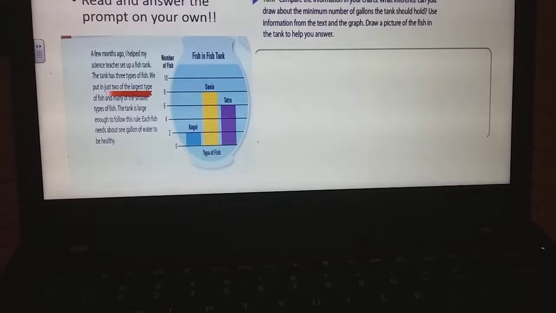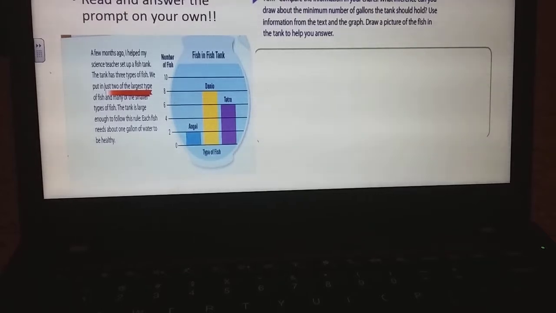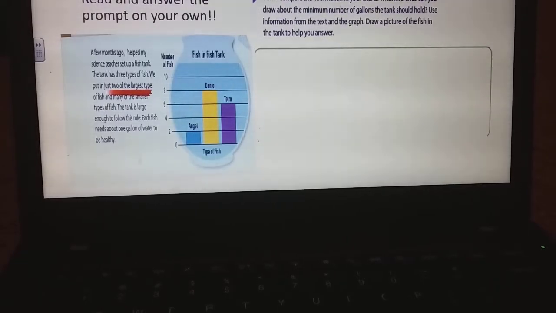Well, let's do some math in reading class here. First of all, we have 2 angelfish, right? But then we have 8 Danielfish. So far, 2 plus 8 gives us a sum of 10. Then if you look at the tetra, we have 6.